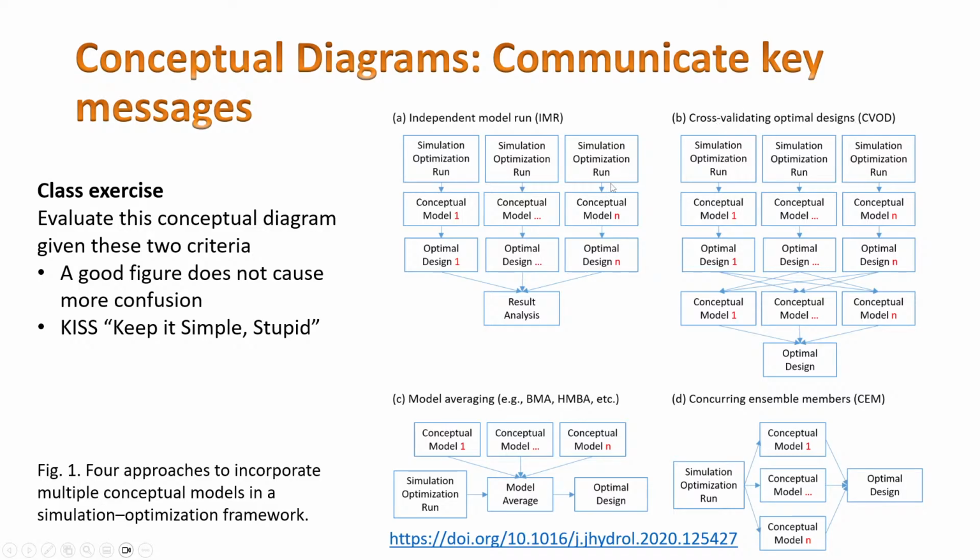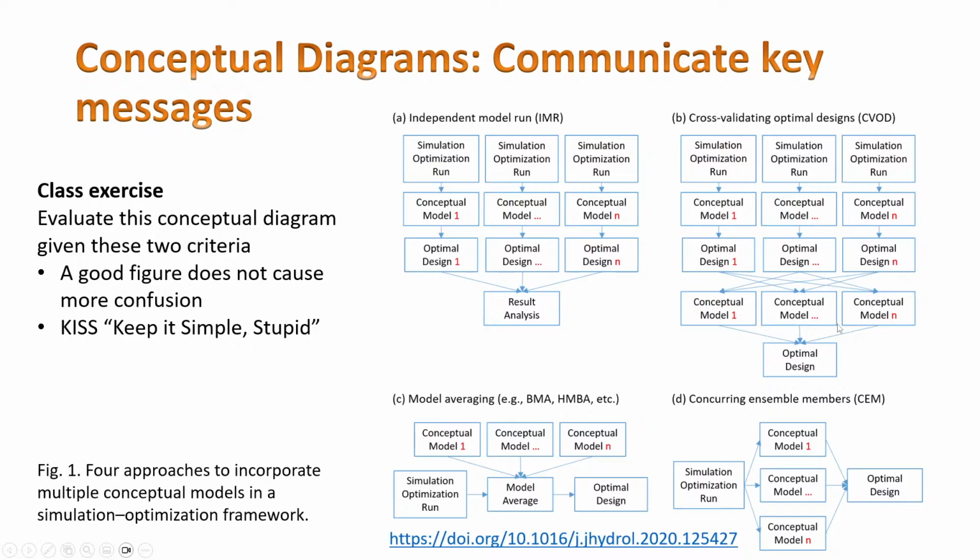So I have several models. I run my optimization on this model and get an optimal design. Then I test this optimal design on the other conceptual models that I have. I run this one here, get an optimal design, and test it on the other conceptual models.